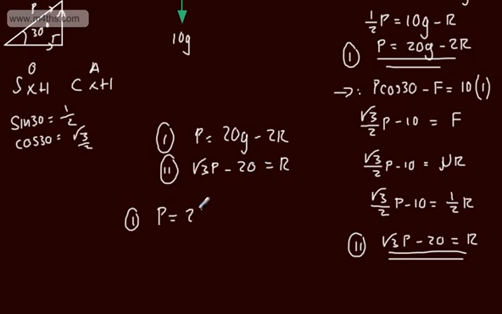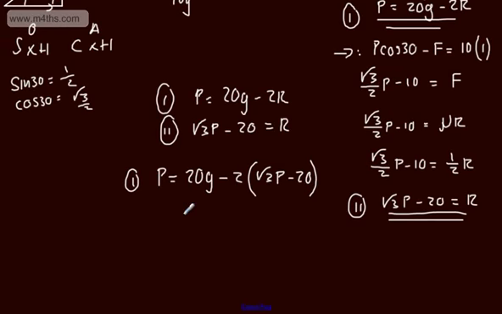So p is going to be 20g minus 2, and this is r right here, which is √3p minus 20. Okay, so from that we can see now that p is equal to 20g minus 2√3p plus now 40.